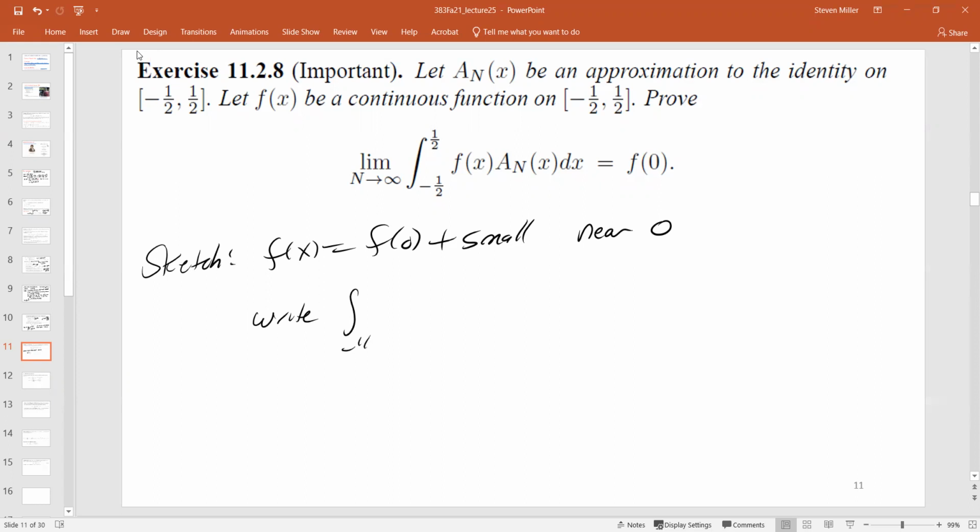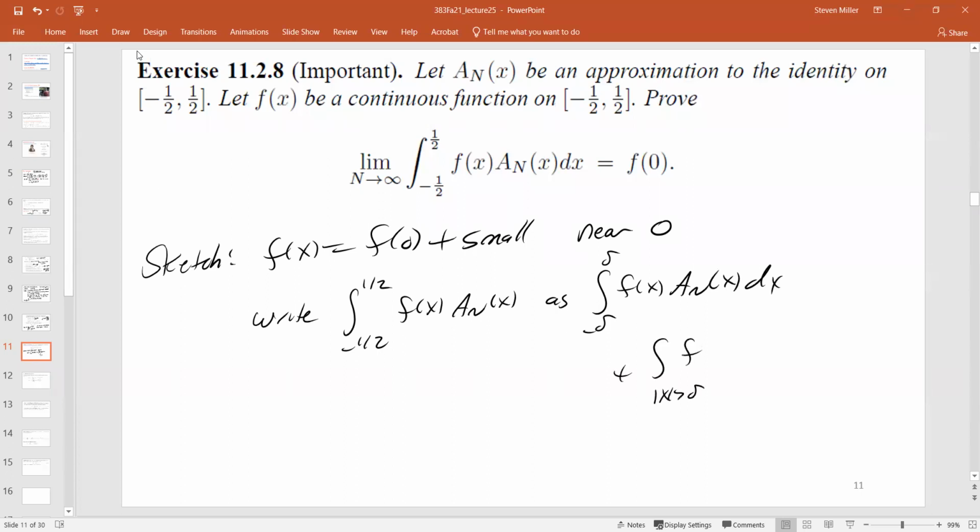So write the integral from -1/2 to 1/2 of f(x) a_n(x) as the integral from minus delta to delta of f(x) a_n(x) dx, plus the integral over x greater than delta of f(x) a_n(x) dx. So f is bounded.